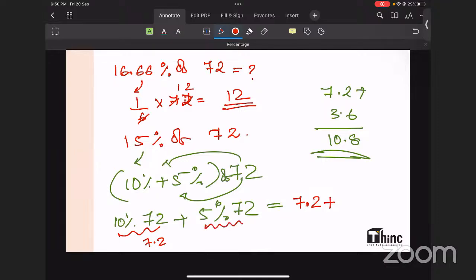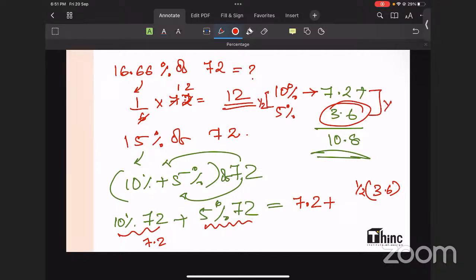Next is 5% of 72. What is 5% of 72? Half of this, 3.6, because 10% is 7.2, and 5% is half of 10%.